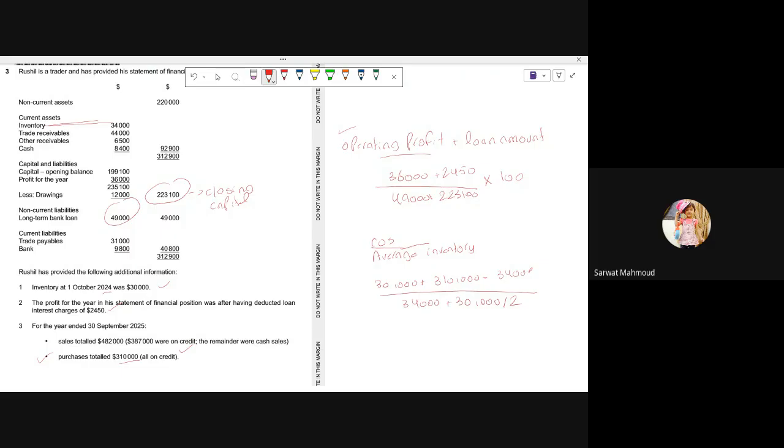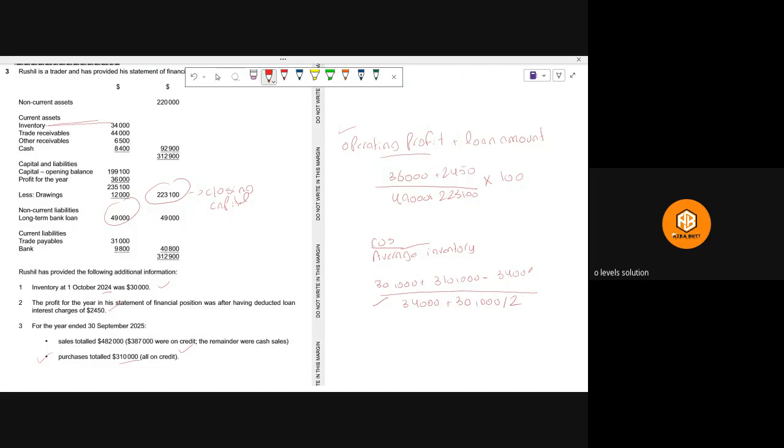I'm getting 6.2. Have you solved this one first of all? I did both. I wrote all the things in the calculator. Once again, 34,000 plus 30,000 divided by 2.